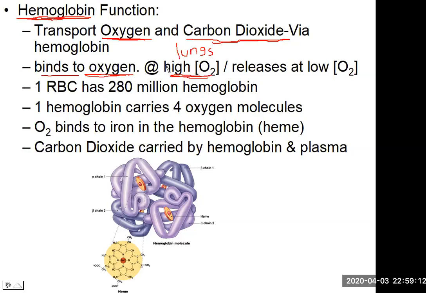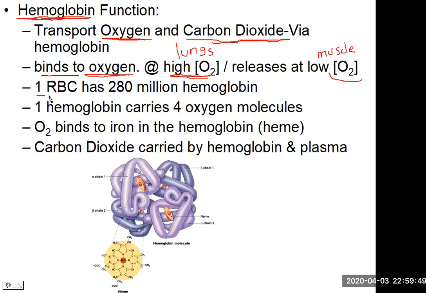And now when this oxygen-rich blood, this oxygen hemoglobin-bound blood, circulates to other areas of the body, you can imagine here in your working skeletal muscles that are consuming oxygen and demanding more, the hemoglobin releases that oxygen and it's allowed to diffuse into those working organs. So truly, erythrocytes just cycle through circulating through the lungs, loading up with oxygen, and then delivering that oxygen to all our various organs and tissues.